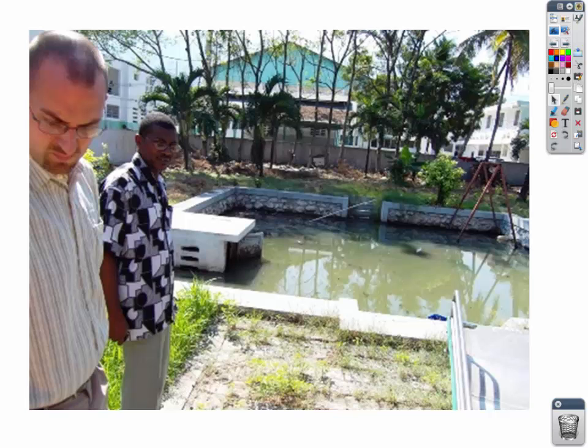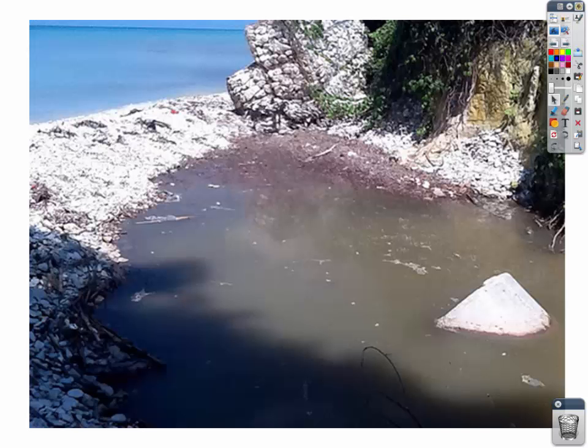All the toilets at the apartment complex drain into a pool in the backyard and it just collects there. This last picture here is a sewage pond of untreated sewage, and you're looking at right next to the ocean. Right here's the beach, here's the ocean. It's only a little bit away, and it is going to get into the ocean.